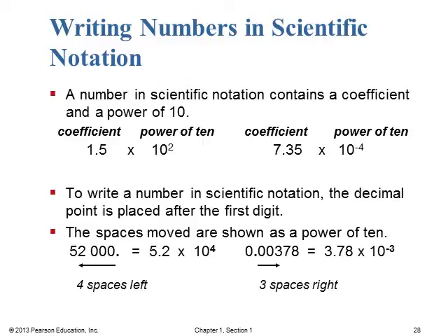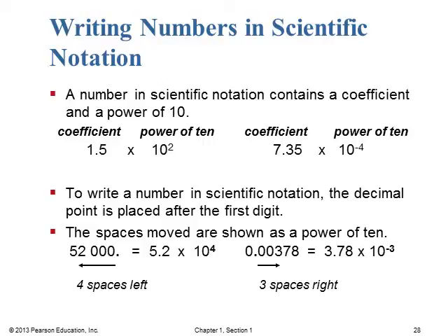In the second case, you have a coefficient of 7.35 times 10 to the minus 4. If you plug this into your calculator, you do 10 to the minus 4, and then multiply that by 7.35, and you will get 0.000735. What you can make note of is that when you have a positive power behind the 10, you should have a larger number.